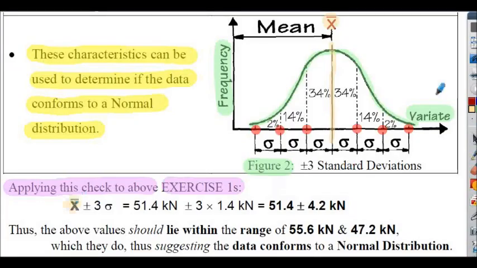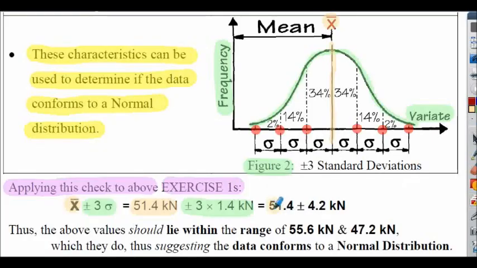So x bar plus or minus 3 standard deviations. Well, the x bar was 51.4 kilonewtons from the answer in the question. Then we add or subtract 3 times the standard deviation of 1.4 kilonewtons. Again, that was given in the answers to exercise 1s.